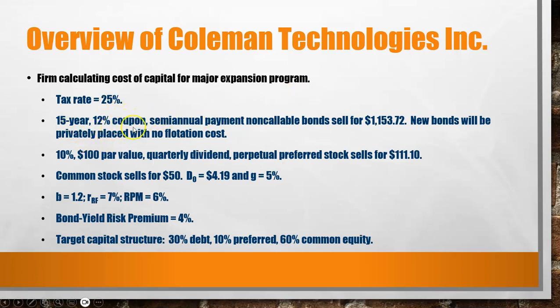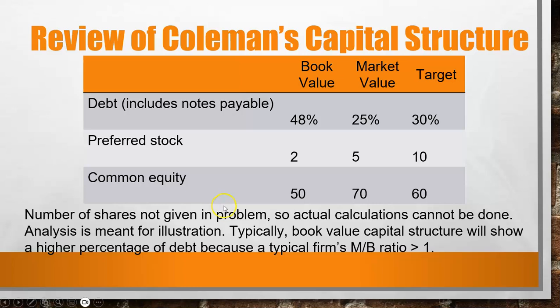We have a 15-year, 12% semi-annual payment non-callable bond that we're going to sell for $1,153.72. A 10%, $100 par value quarterly dividend perpetual preferred stock that would sell for 110, common stock for 50, and then a few more details below.